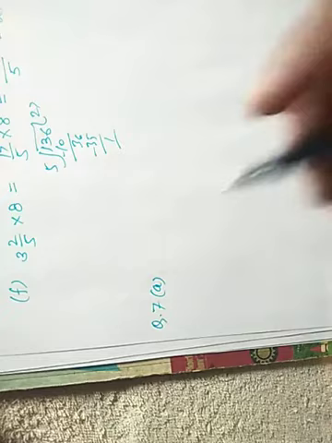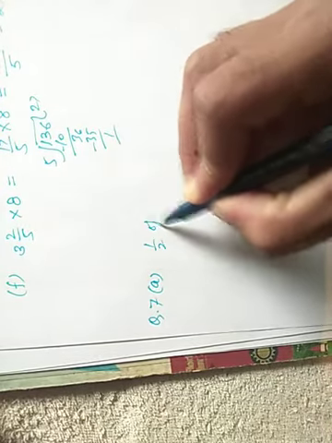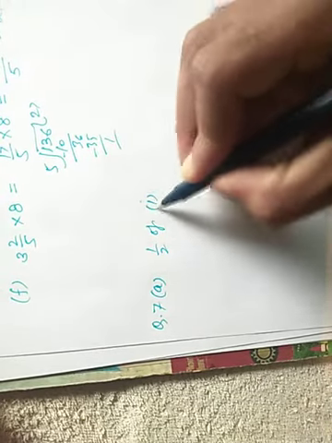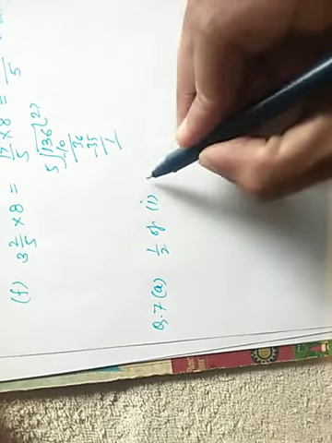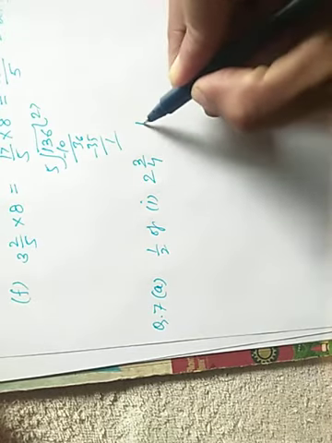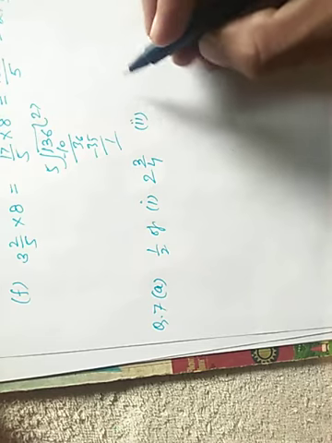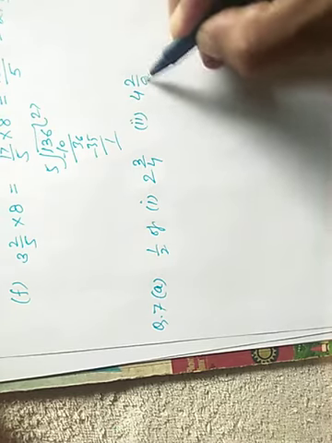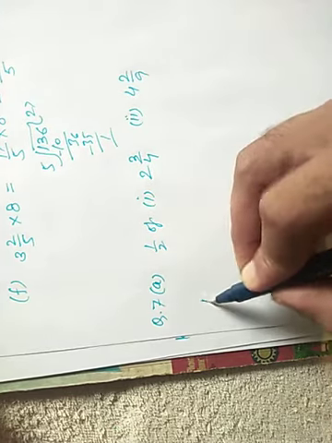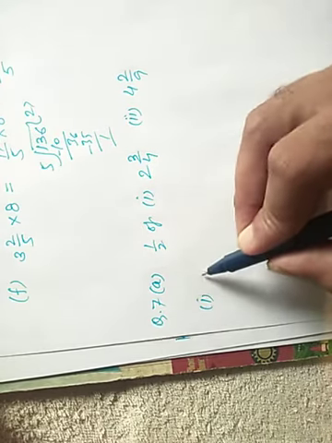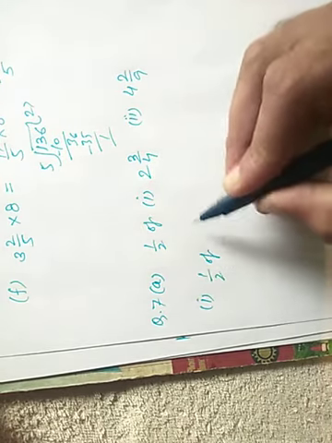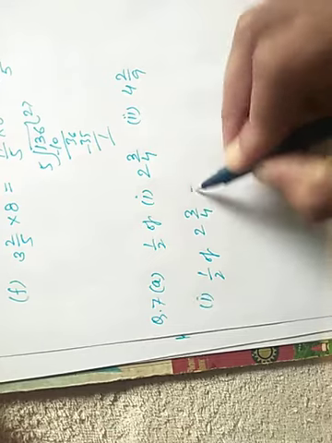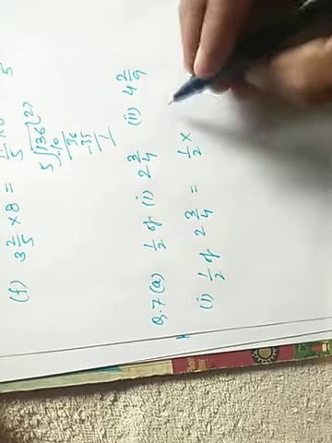Question 7 A part, 1 upon 2 of, first is 2 3 upon 4, and second is 4 2 upon 9. So the first part, 1 upon 2 of 2 3 upon 4, means 1 upon 2 multiplied by.